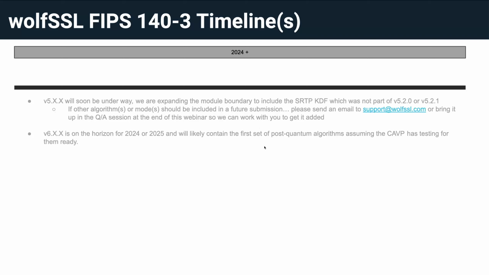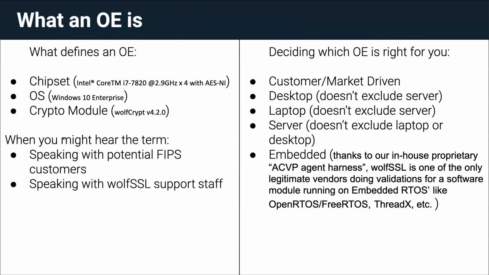We're currently working in-house on LMS and XMSS and Crystals-Kyber, I want to say. So those will be on the fourth certificate that we do in a year or two coming up. And as things continue to change in the FIPS industry, we will likely be doing more certificates, offering more options to our customers that need them.